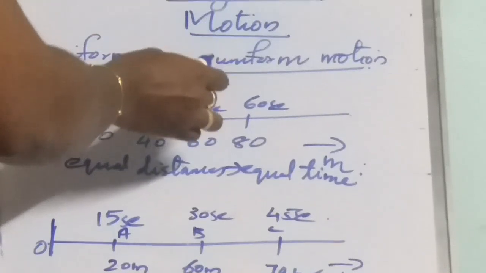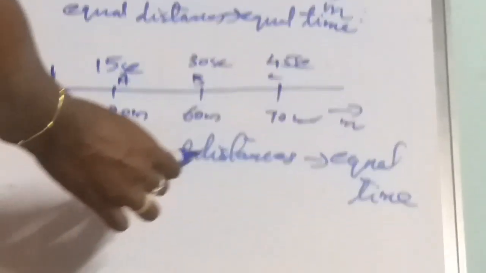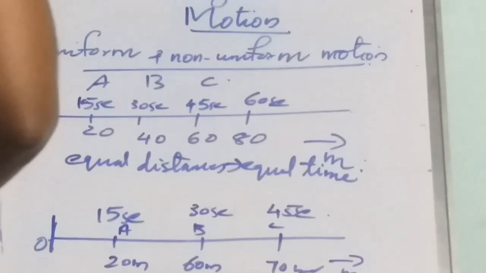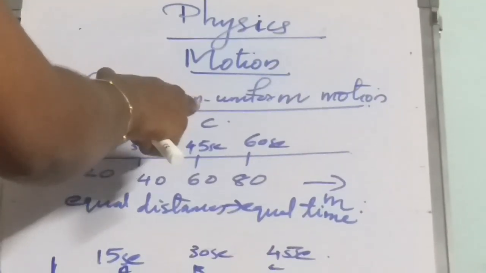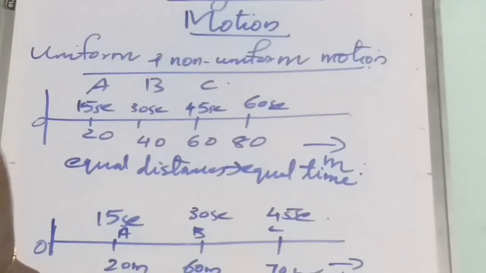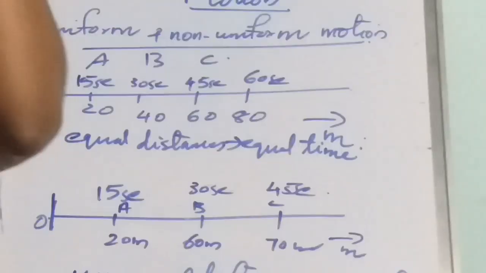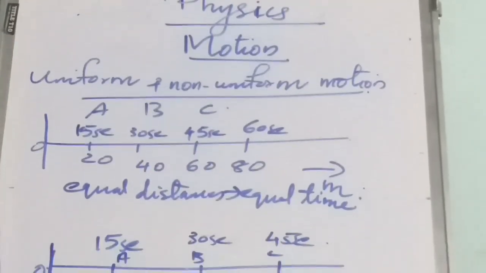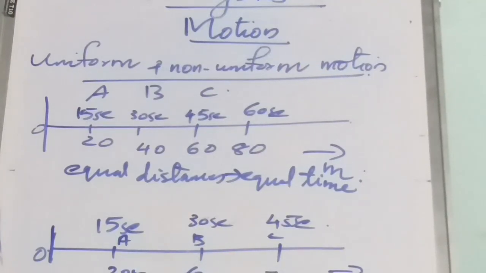So, in non-uniform motion, an object covers unequal distances in equal intervals of time. An object is said to be in non-uniform motion if it covers unequal distances in equal intervals of time.